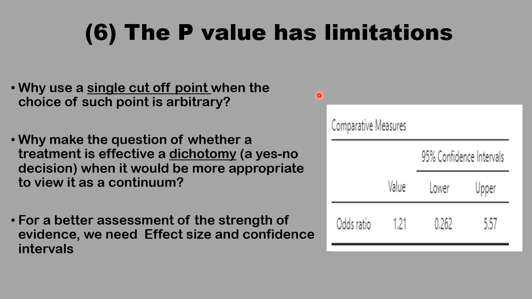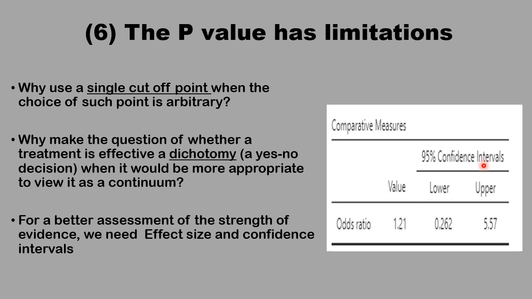Back to the example here, we know that the odds ratio for males having the tumor is higher than the females. We also know from the confidence intervals that we'll discuss a bit later that the chances can be as high as 5.57 for males having a tumor more than the females.